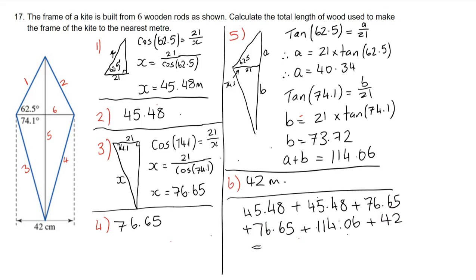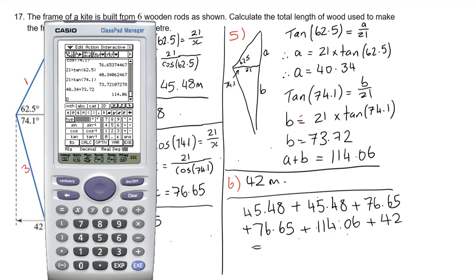Okay, so can you see there, even though my writing was a bit messy, my setting out was very logical. I labelled them and I went 1, 2, 3, 4 all the way through, so I didn't miss any sides. 45.48 plus 45.48 plus 76.65 plus 42.